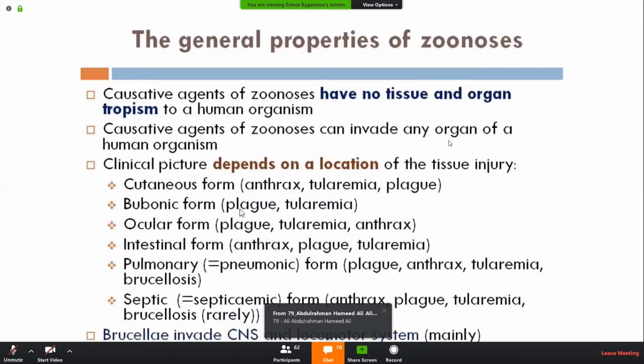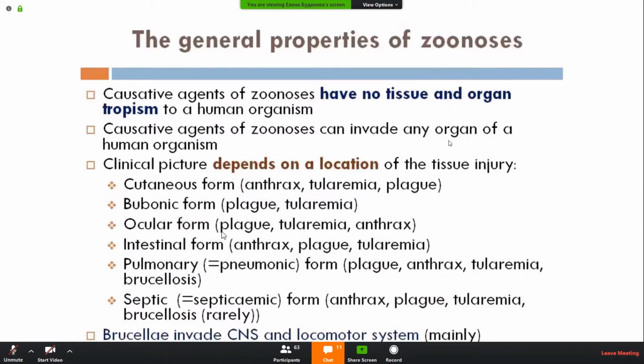Bubo is enlarged, inflamed, and swollen lymph nodes, because they drain parasites from the local area of infection. And many bacteria may survive phagocytosis and may cause even necrosis of tissue and local inflammation of lymphatics, like we can see in plague and tularemia. Later I will show you the pictures.